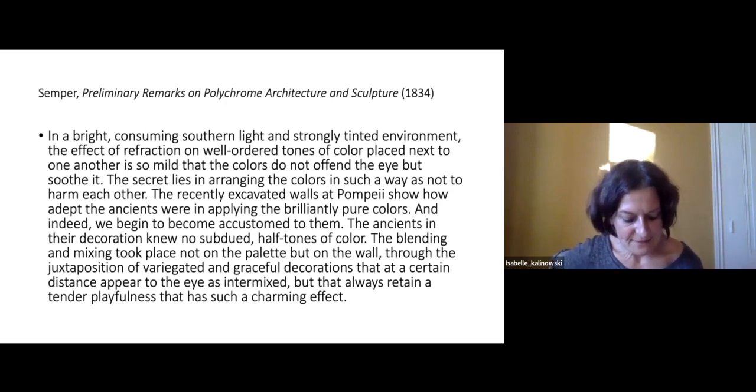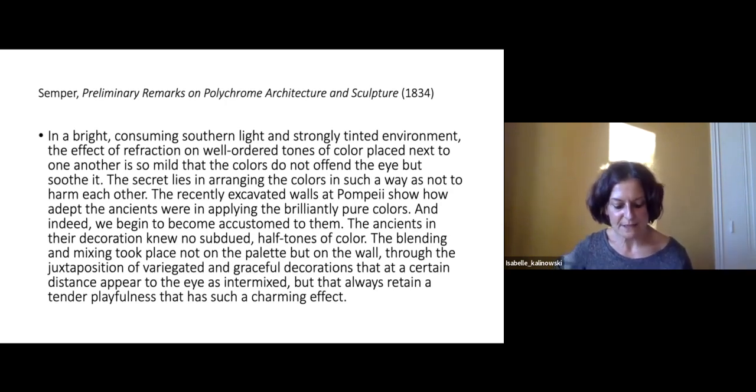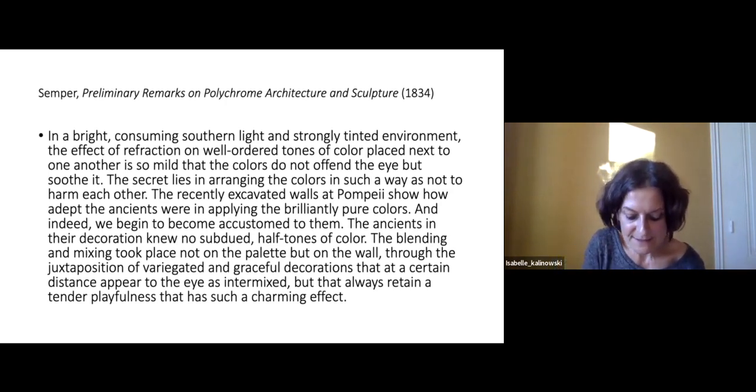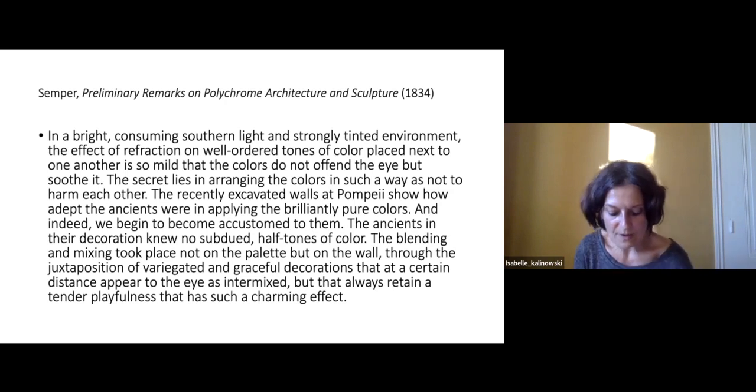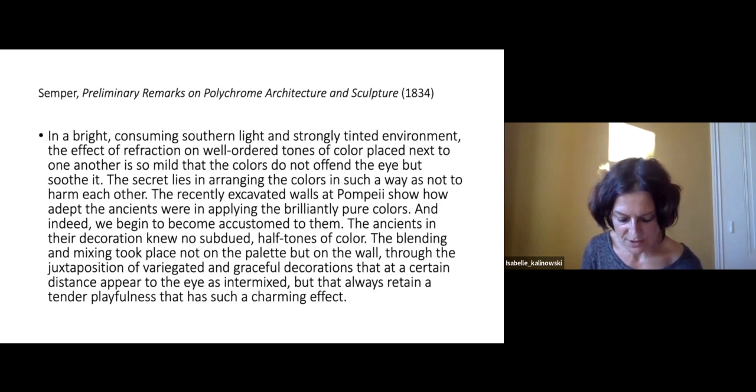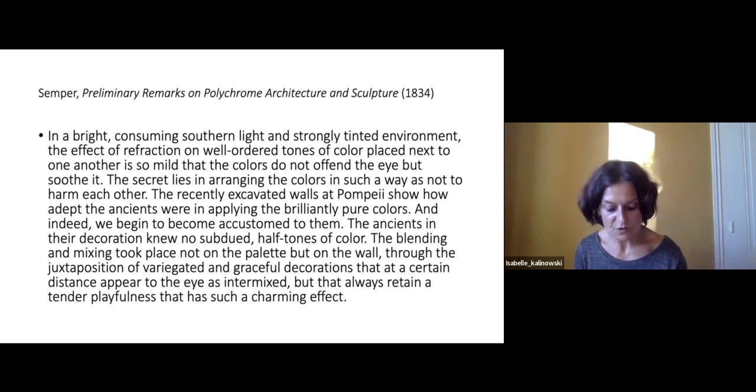The recently excavated rooms at Pompeii show how adept the ancients were in applying the brilliantly pure colors. And indeed, we begin to become accustomed to them. The ancients in their decoration knew no subdued halftones of color.